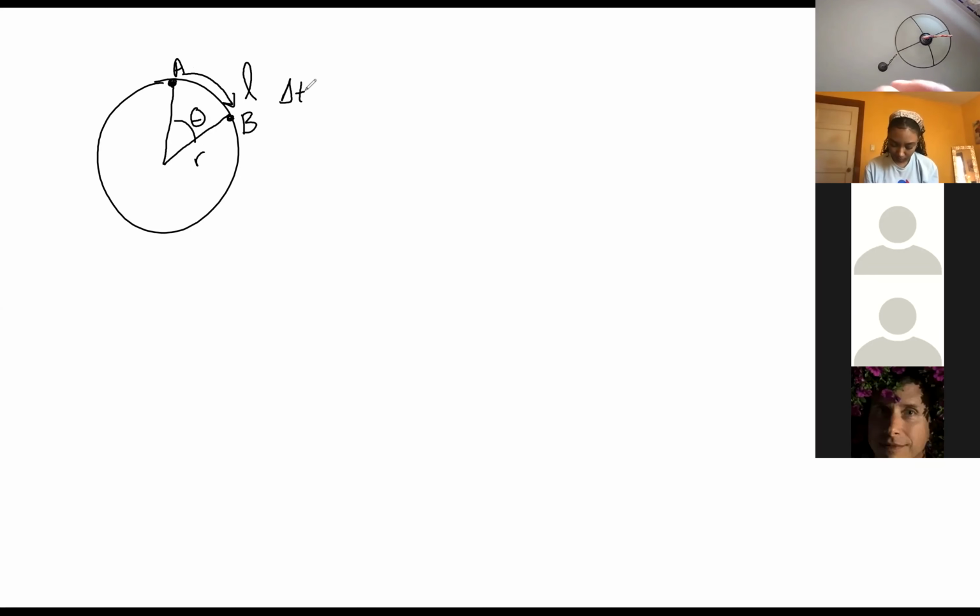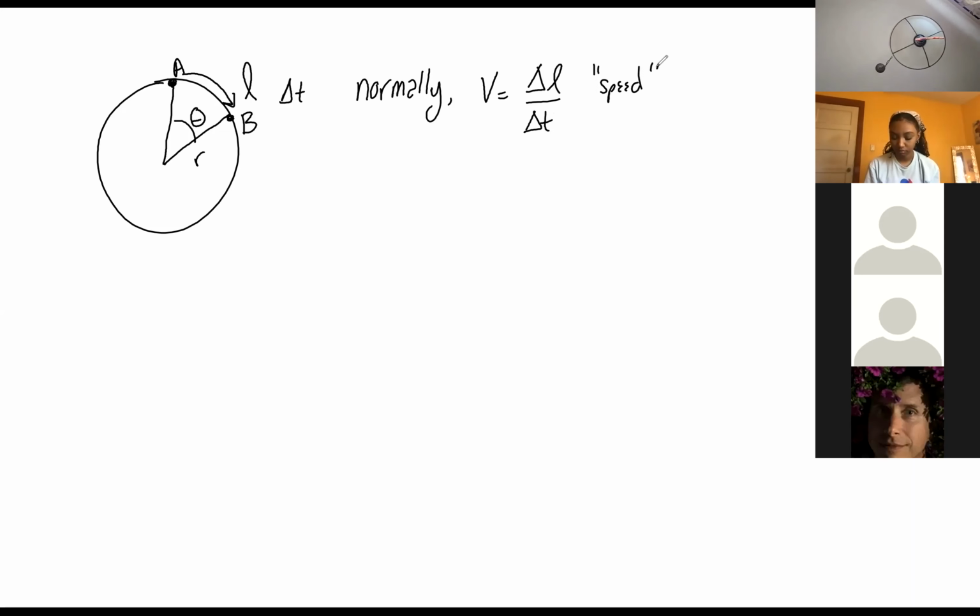All right. So normally what we would say is, in linear space, we would just think about the speed in terms of how far it went. So we would call this delta L over delta t as our speed, right? But what we're really going to be thinking about is how to transfer from linear space into angular space.